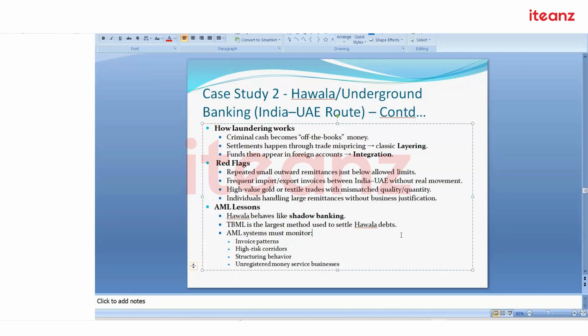He will go and say, this is my code, give me that money. He will give it by cash, or by gold, or by crypto, or anything. Here, there is no involvement of any bank. So this is called shadow banking.